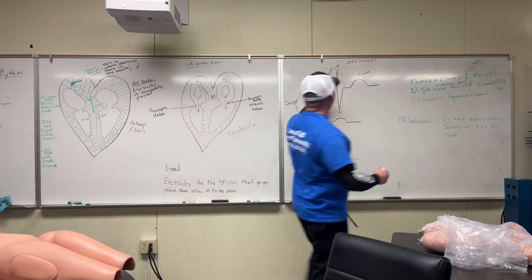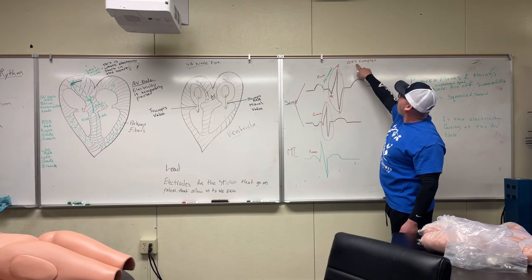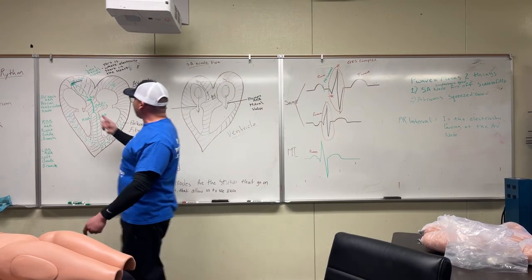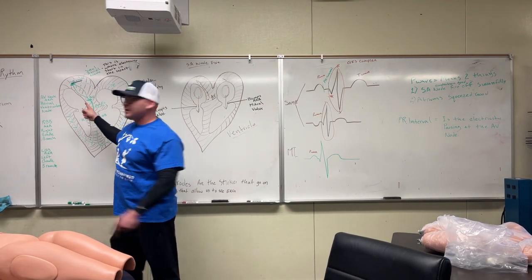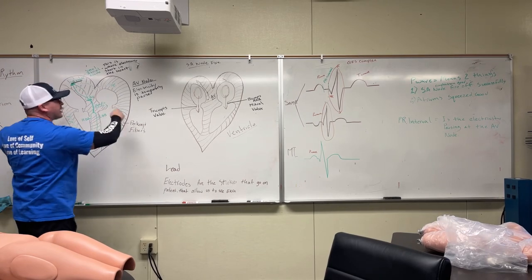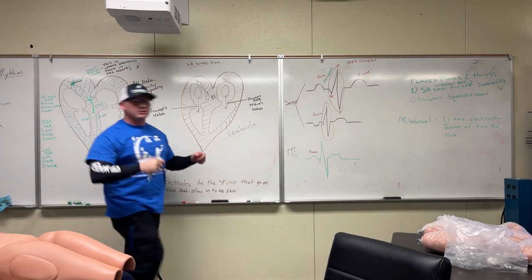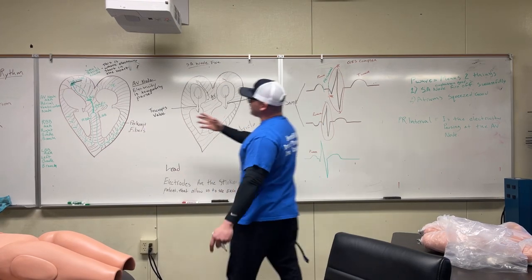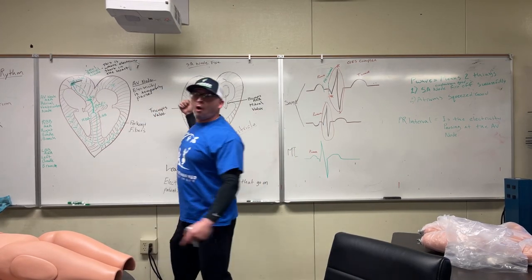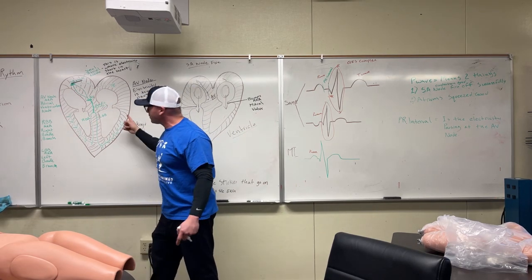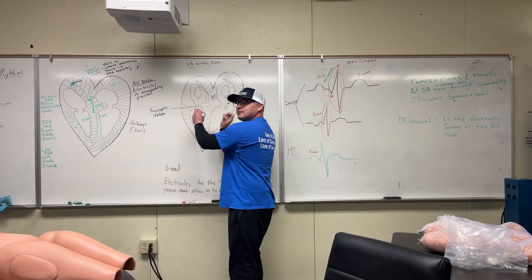The QRS complex, that is the electricity leaving the AV node and going down this whole process. That's why it's like that, just going through this. That makes sense, right? So if the QRS complex is electricity leaving the AV node and going through this, then what else does it mean?